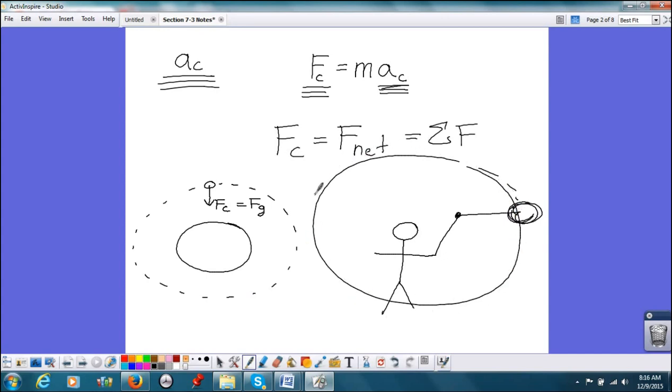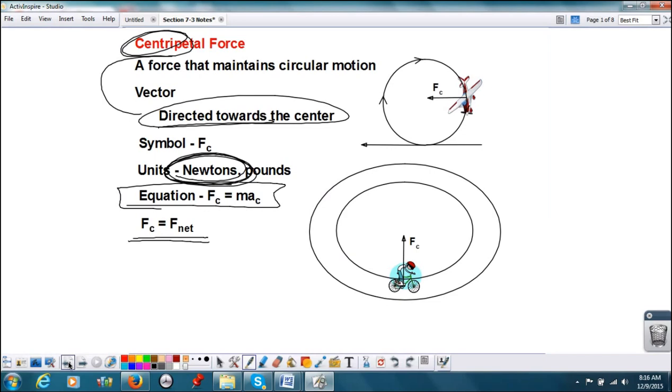Well, if it wasn't attached to the rope, it wouldn't be going around in a circle above your head. So in this case, there is a tension force, and that tension force is what's keeping the tetherball going in a circle. So the tension force is the centripetal force. But didn't we just say the centripetal force was the net force?